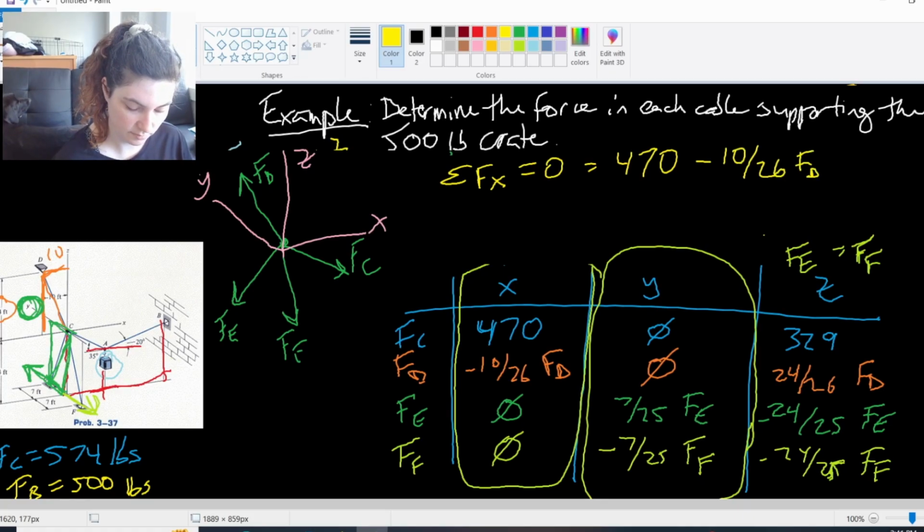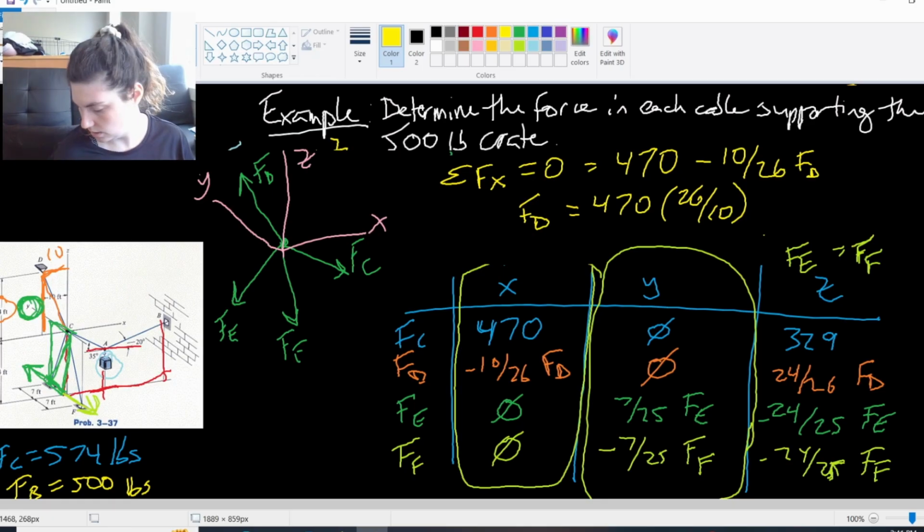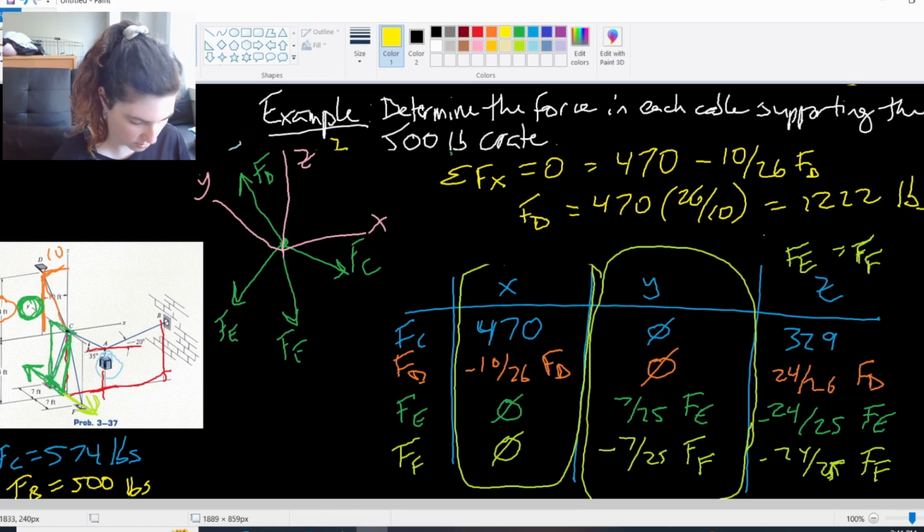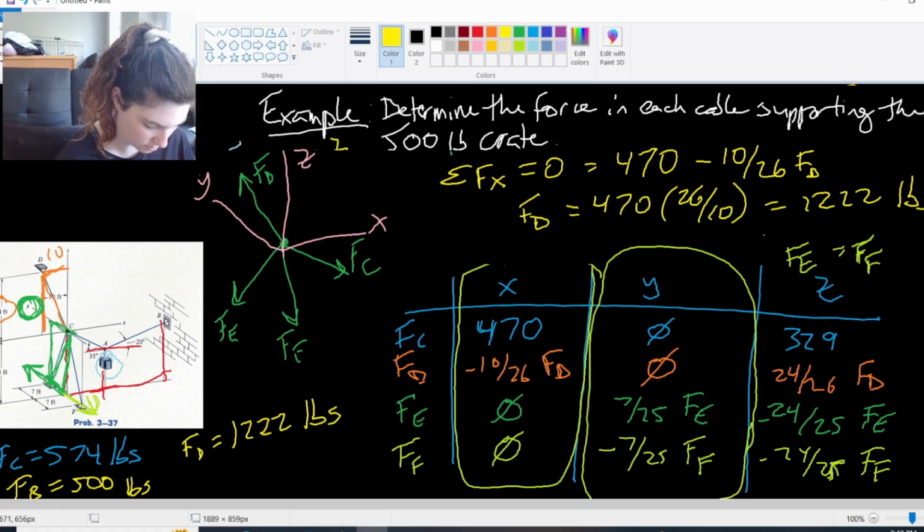If I add that over, I get FD equals 470 times 26 over 10. And when I plug that into my calculator, I get FD is about 1,222 pounds. Somewhere around there. I'm going to put this down here so I can keep track of it. FD equals 1,222 pounds.